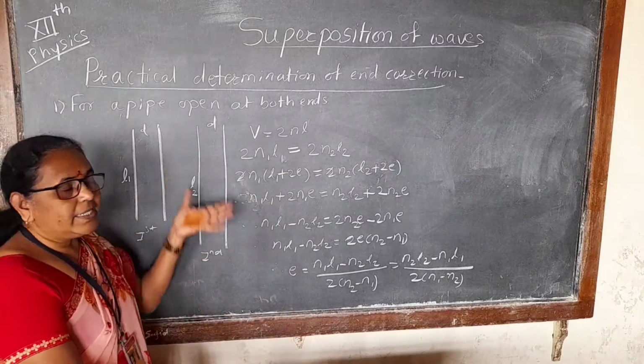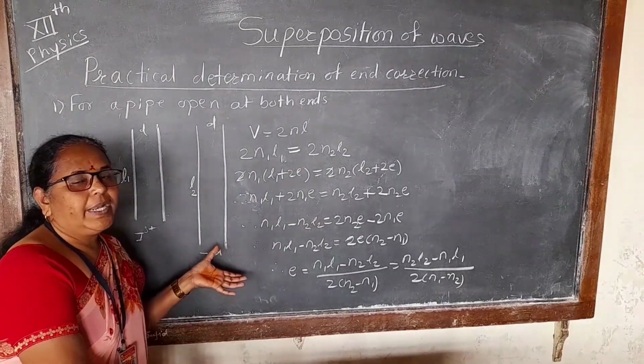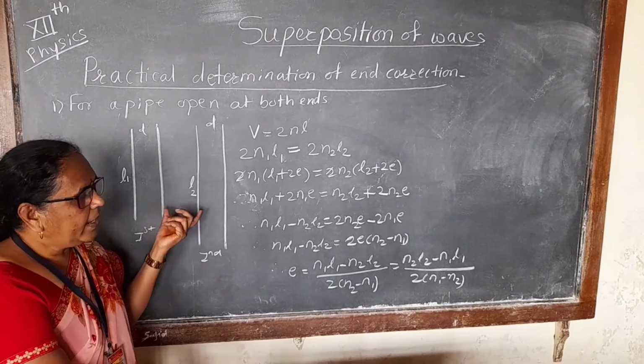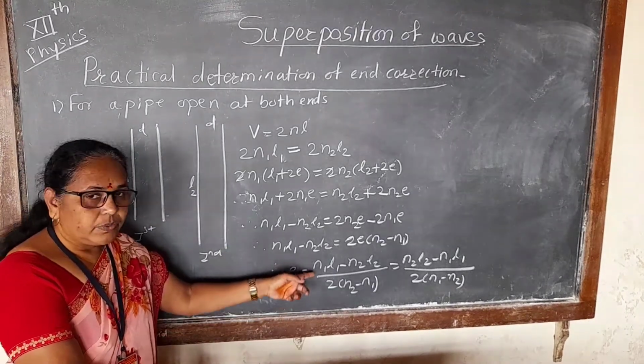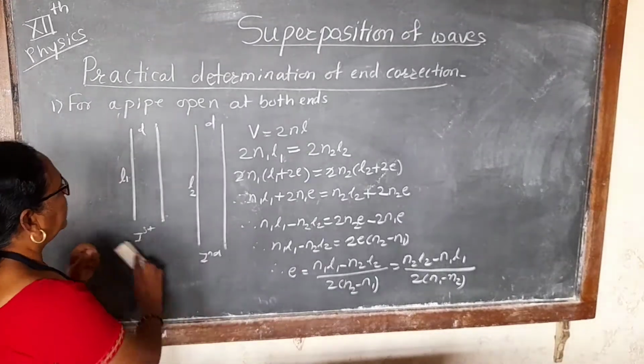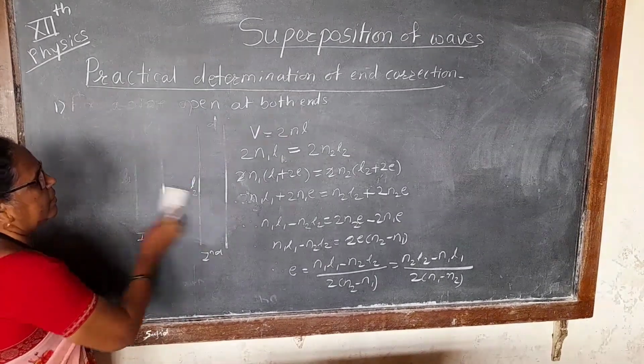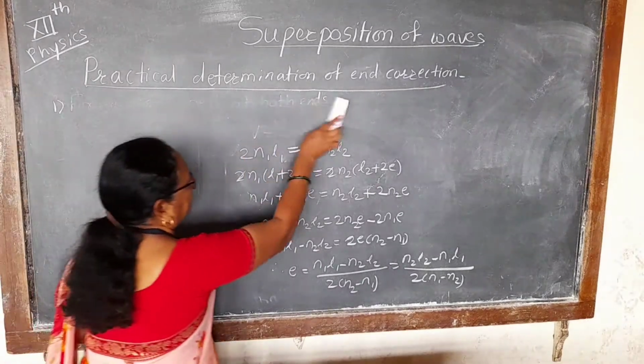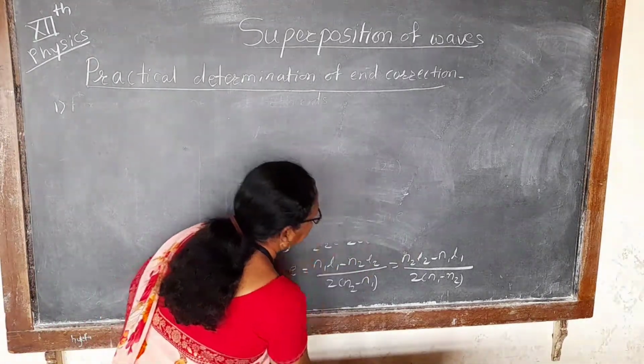Now this is the case for a pipe open at both ends. You will have a numerical to solve using this formula, or you can have an objective question, or just for 1 mark, how to determine end correction, state the formula.